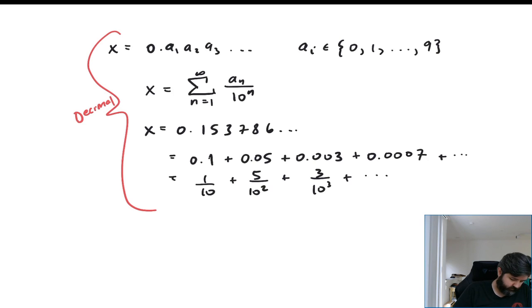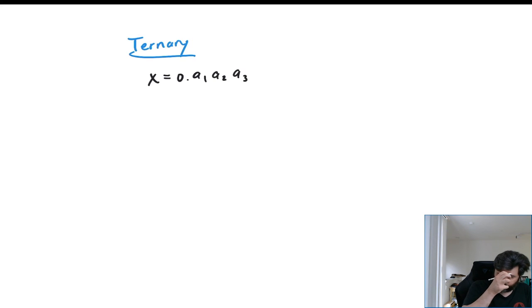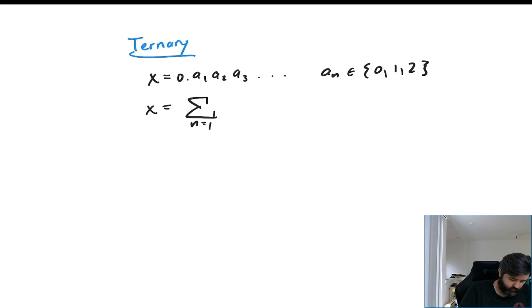So for ternary now, you have x equals, where again your an is in just the digits 0, 1, or 2. And so again, x equals a geometric sum, n goes from 1 to infinity, of an over 3 to the n.